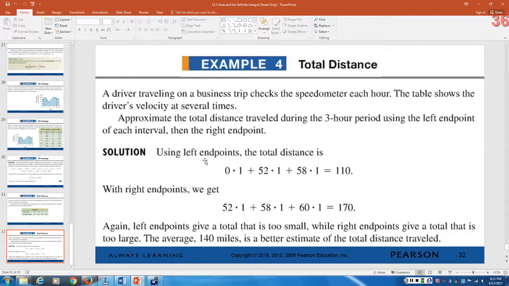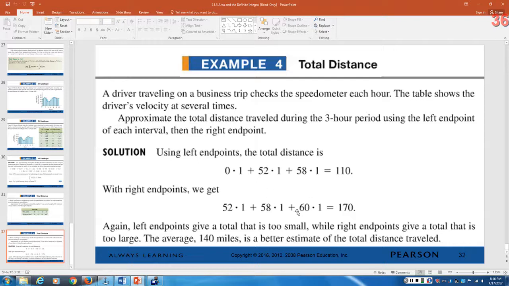Well, in the first hour, he didn't go anywhere: 0 times 1 is 0, because he's sitting still. But during the second interval, he went 52 miles, and during the third interval, he went 58 miles.